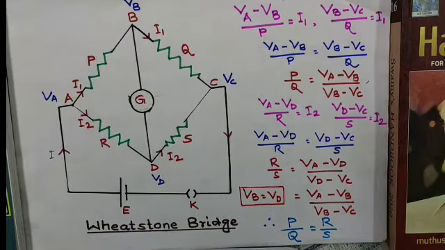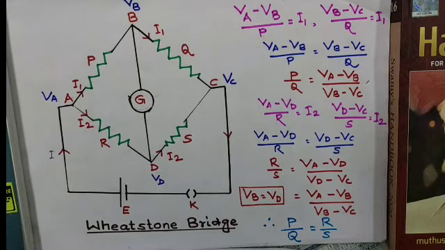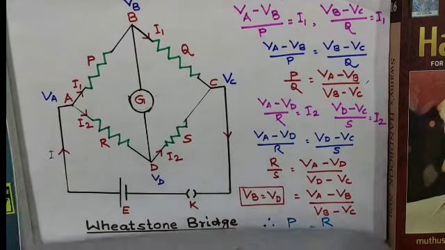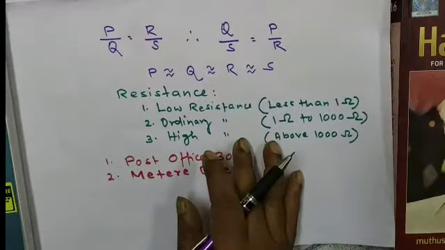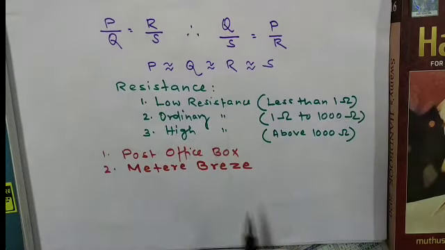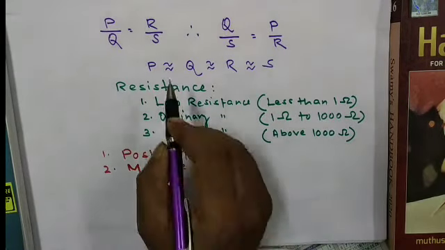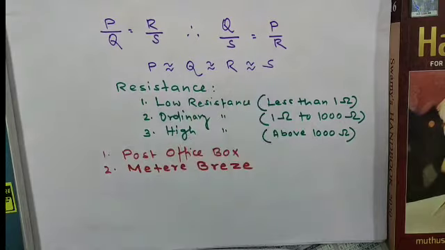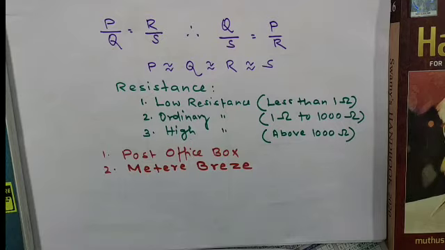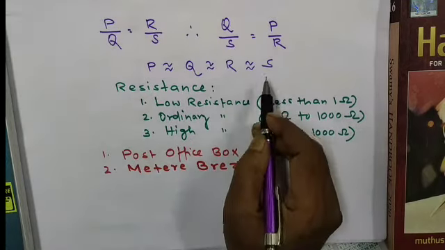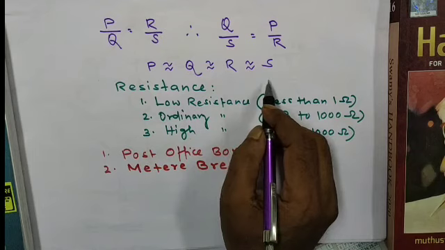But in that case the sensitivity of the Wheatstone Bridge will be different. So in Wheatstone Bridge actually we use P, Q, R and S as almost equal resistances.